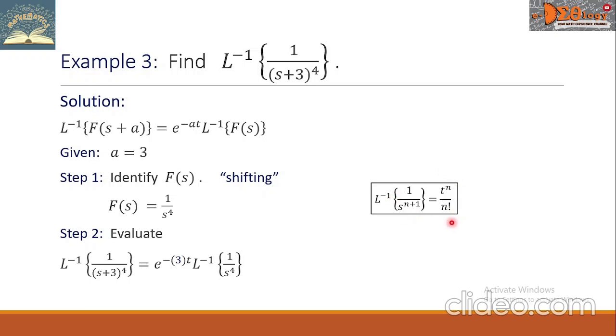Let us use this formula to simplify. So we have e raised to negative 3t times t cubed all over 3 factorial. Let us simplify this 3 factorial, and that is 3 times 2 times 1. Then we combine e raised to negative 3t with the numerator. So this is now the final answer.